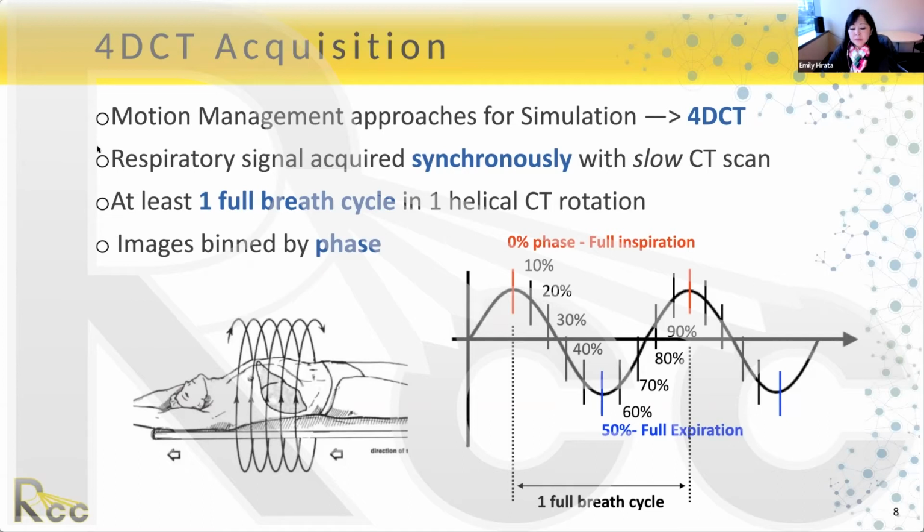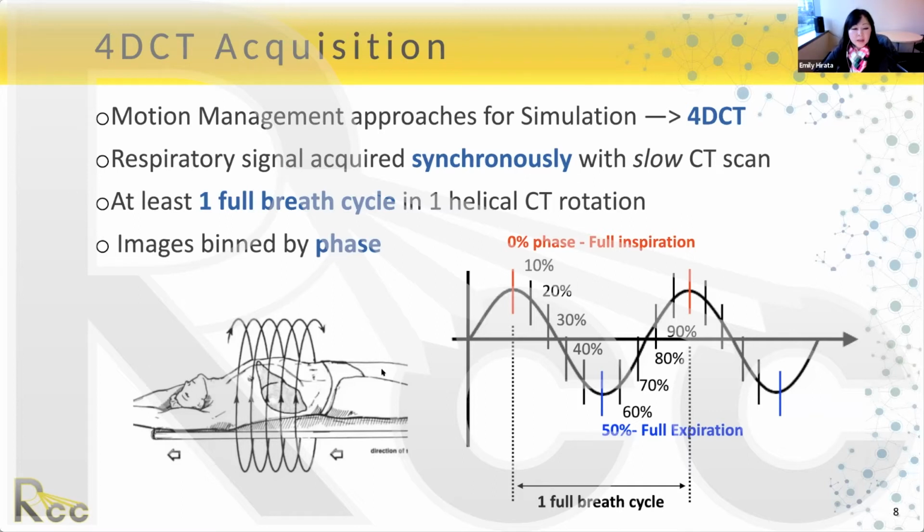I'm going to touch on some key parts of 4D CT because I think it's really important to understand how 4D CTs are generated, because that's also going to inform how you generate your ITV. So what happens with 4D CT acquisition is the respiratory signal, the way that the patient breathes, is acquired at the same time as a slow CT scan.